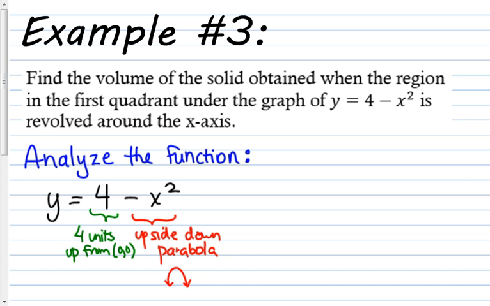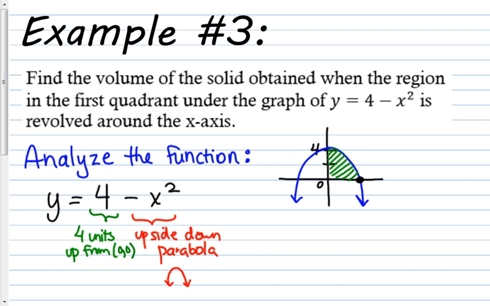So if I were going to make a rough sketch of this function, let's call that 4, it's going to look something like this. Now, they want us to stick to the first quadrant, so this right here. So our limits are going to be 0 to wherever that graph hits the x-axis.